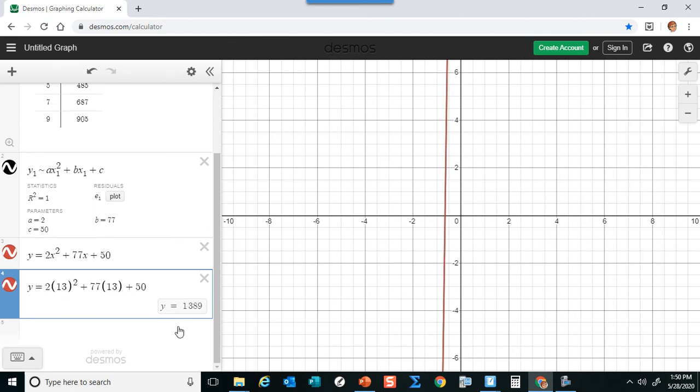So at the end of month 13, I'll have $1,389.